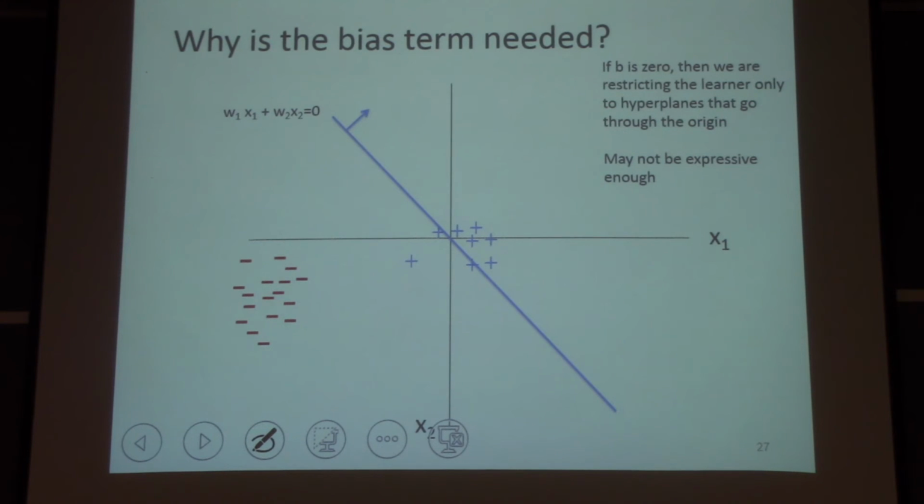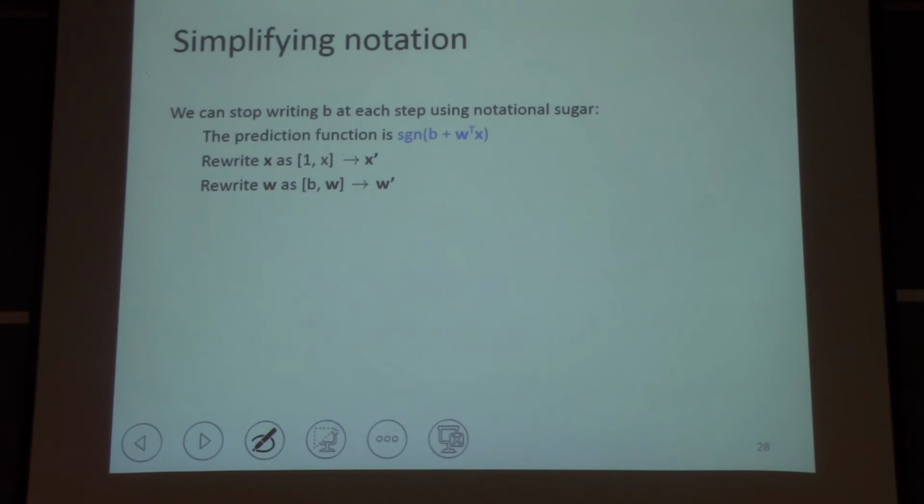That said, it's very easy to hide the bias with one little trick. The first trick that you saw today was this feature transformation trick. The second one is more of a convenience, a notational trick, which is we can stop writing b at every point, and I'm going to do that after this slide.